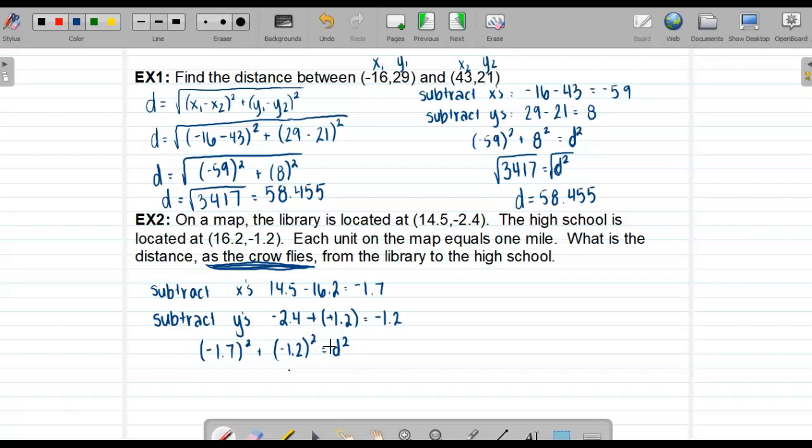And so negative 1.7 squared plus negative 1.2 squared is going to be 4.33. And then what's the last step that we've got to do there? Square root. Oops.